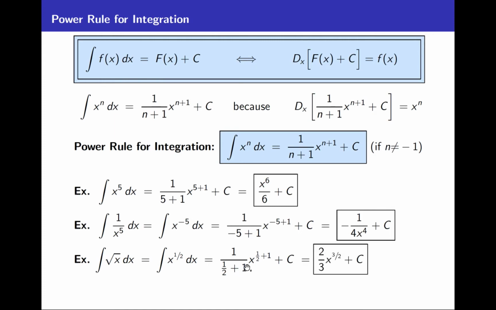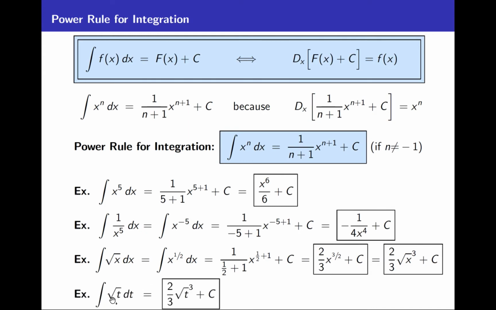So simplifying this, the reciprocal of 3/2 is 2/3, x to the power of 3/2 plus c. So there's our answer. Maybe you want to convert that to a radical, so 2/3 square root of x cubed plus c. Either one of these two forms is an acceptable answer.